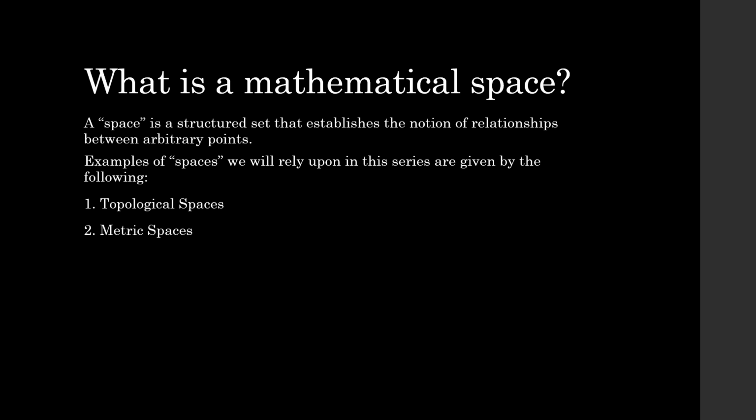In this video, we'll also go over what metric spaces are. Then we'll go on to cover vector spaces, and then Banach spaces, Euclidean spaces, and then we'll wrap this up in a concept called manifolds.